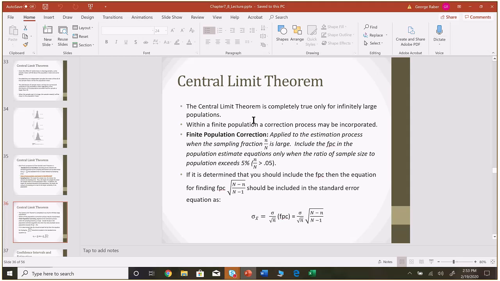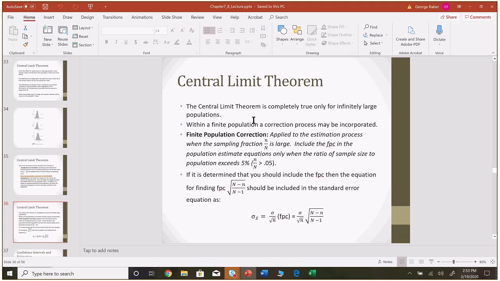All right, so one thing to point out is that the statisticians that came up with this noticed that it was only completely true for infinitely large populations. Now, what's an infinitely large population?